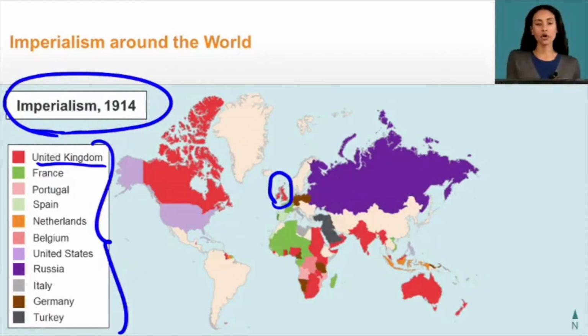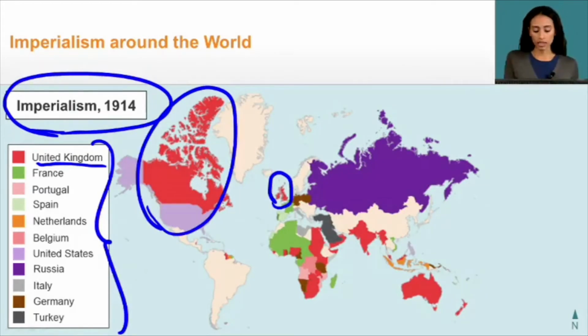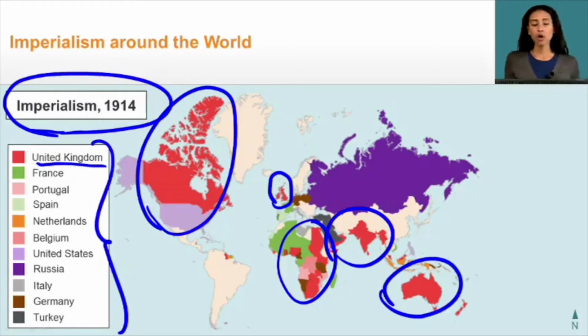But as you can see, according to the key, the UK has grown or imperialized all over the world. And by the way, it should be mentioned that the United Kingdom is going to hold by this time 1/5 or 20% of the world's geographic boundaries.